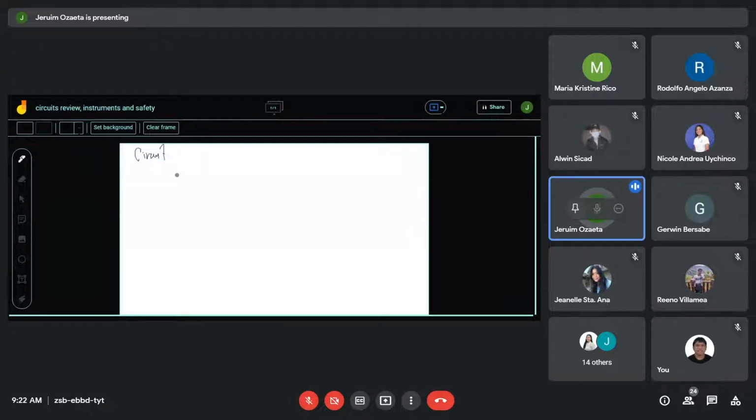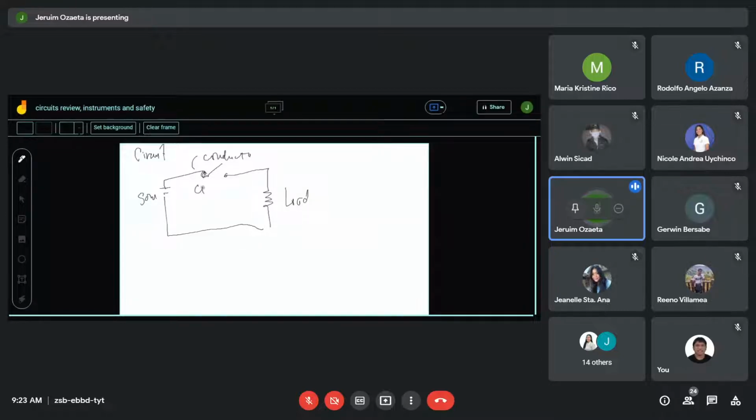When we see circuit, it is an electrical path where there is a source, there is the conductor, often there is a control, and then there is the load, and go back to the source.